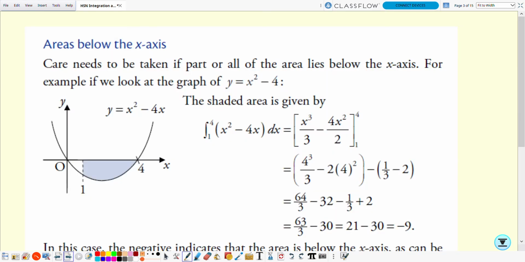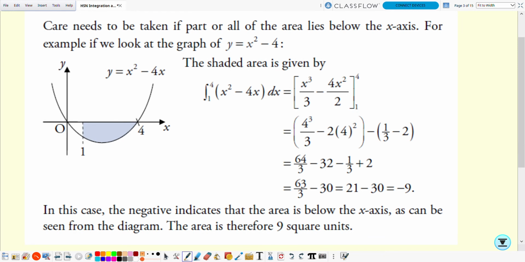However, there is a wee bit of a complication. So this next bit is looking at what happens when you've got an area below the x-axis. So care needs to be taken if part of or all of the area lies below the x-axis, because what happens here, if you were integrating the same function as we've just worked with, but integrating between the values of x equals 1 and 4, you end up with a negative value when you do that integral.